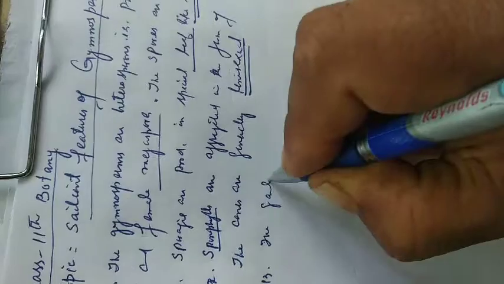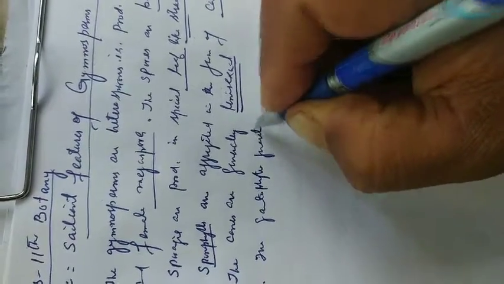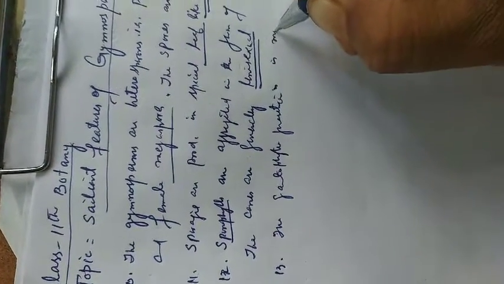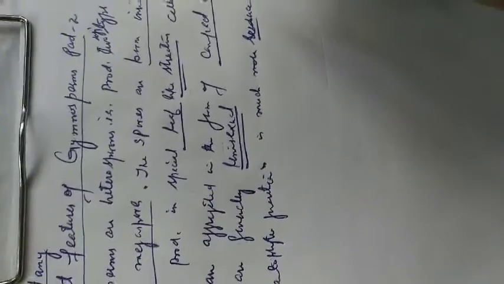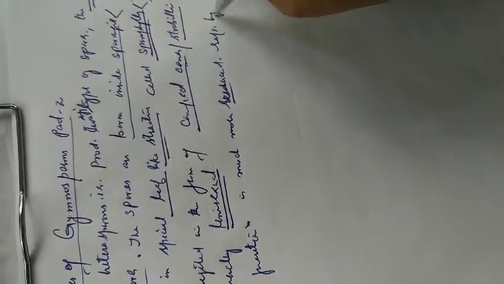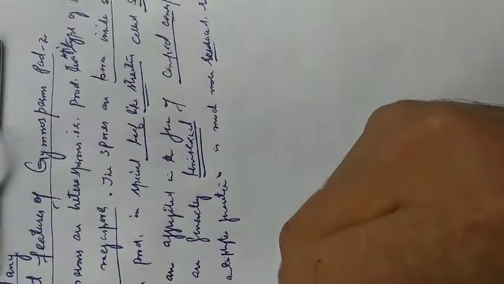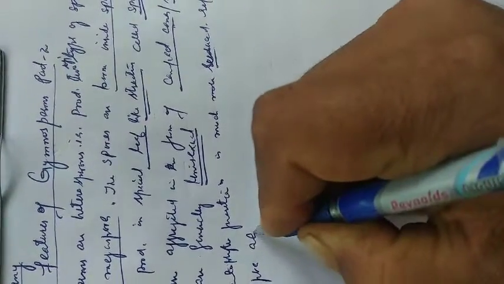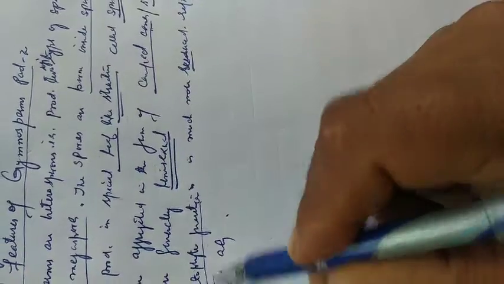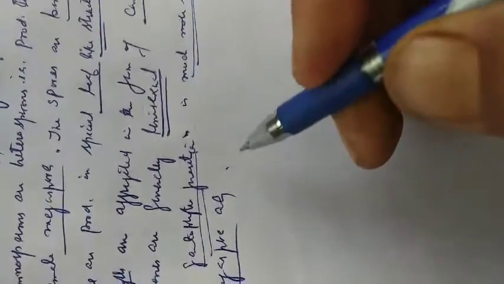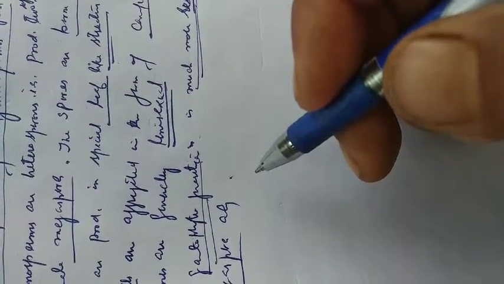The gametophytic generation in gymnosperms is very much reduced, represented by microspores, that is pollen grains, and megaspores only.